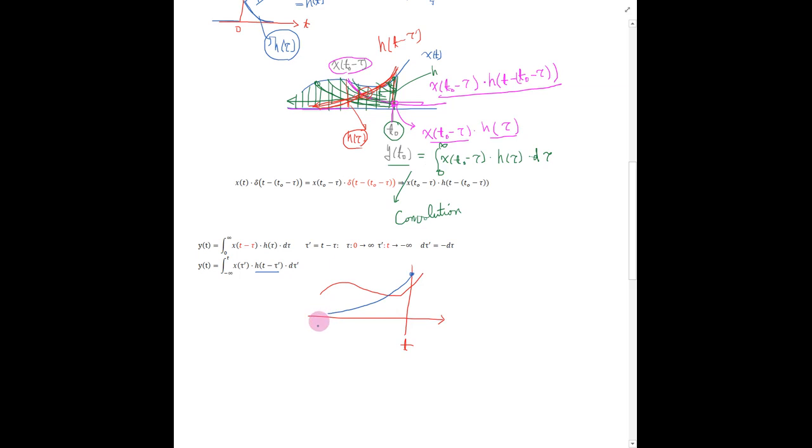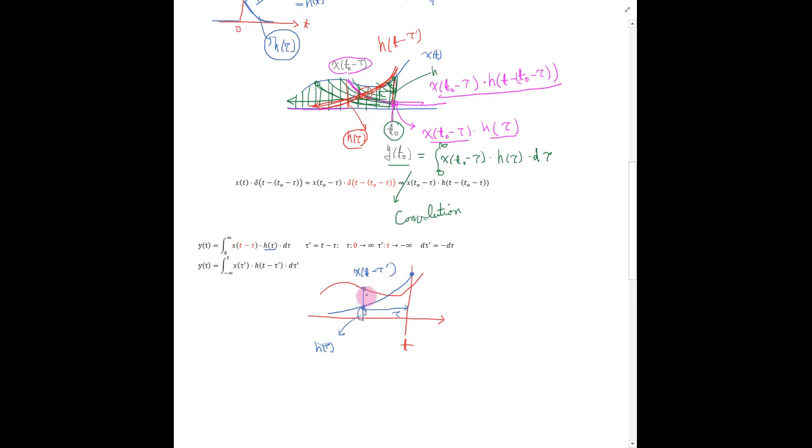You can see the transformation is a reversal. Due to this reversal, the signal pattern looks like that one. This one is x(t). If this distance is tau, then this value will be h(tau). So this is a scale factor for this input. This is t minus tau prime.